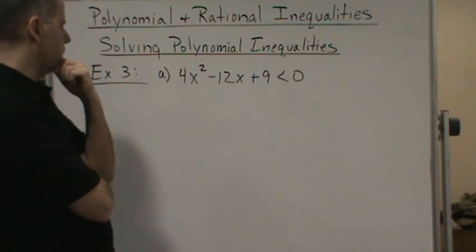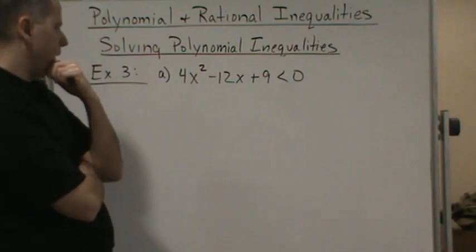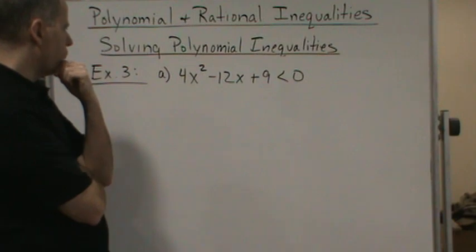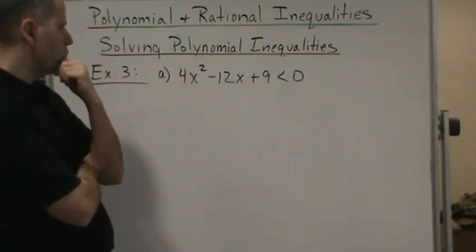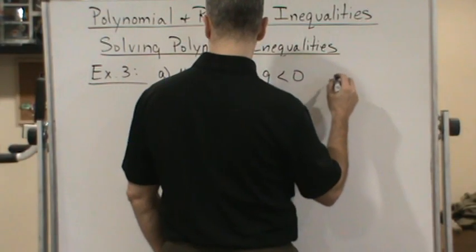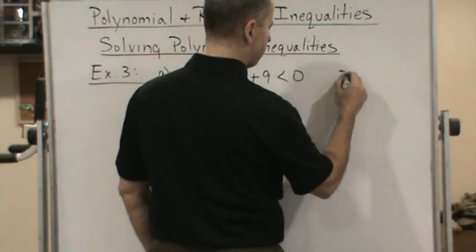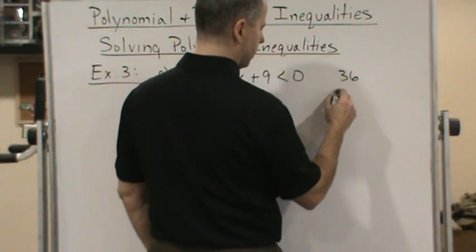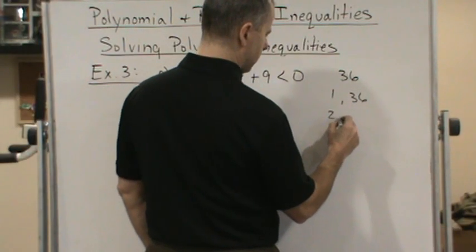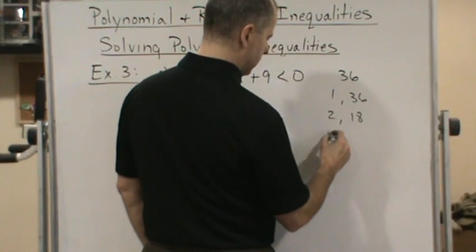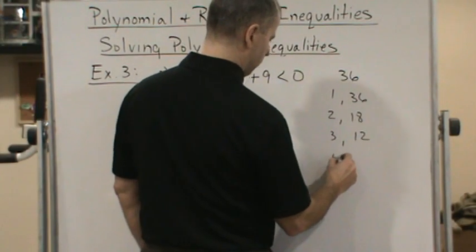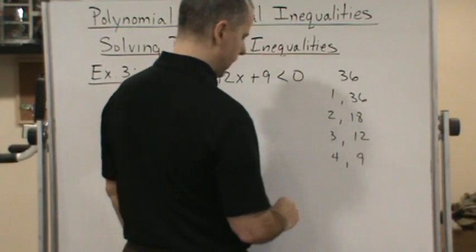Three and 12, 4 and 9. Let's try it, hold on, 36. So we got 1 and 36, 2 and 18, 3 and 12, 4 and 9.